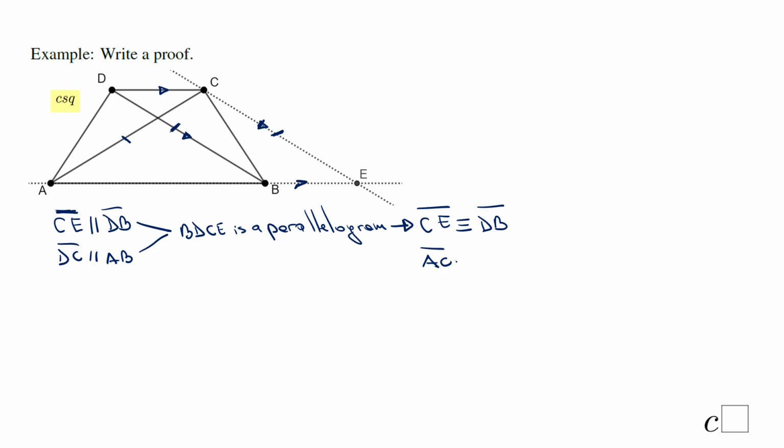We need to prove the trapezoid is isosceles. So AC congruent with DB, that was given. So based on these two statements, what can I say? I can say CE is congruent with AC by transitive property.